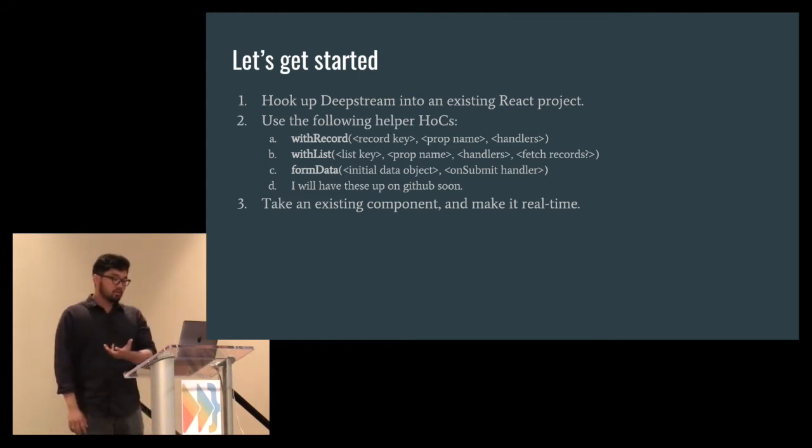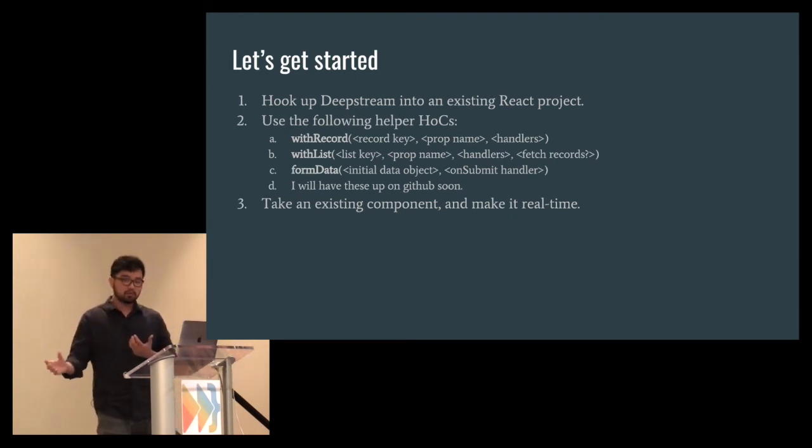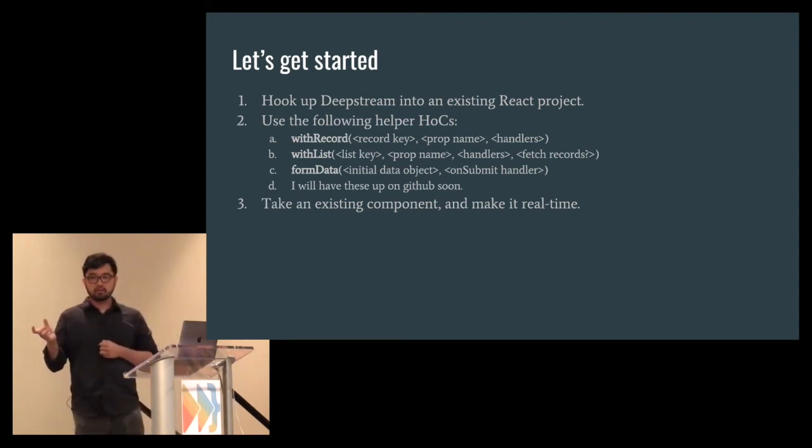And same with withList, which just has a list key, which maps to a key in the database, and a prop name, which we can access in our components. And same way with the handlers and fetch records. So when you specify fetch records, then it will asynchronously go and fetch all the records and populate it.